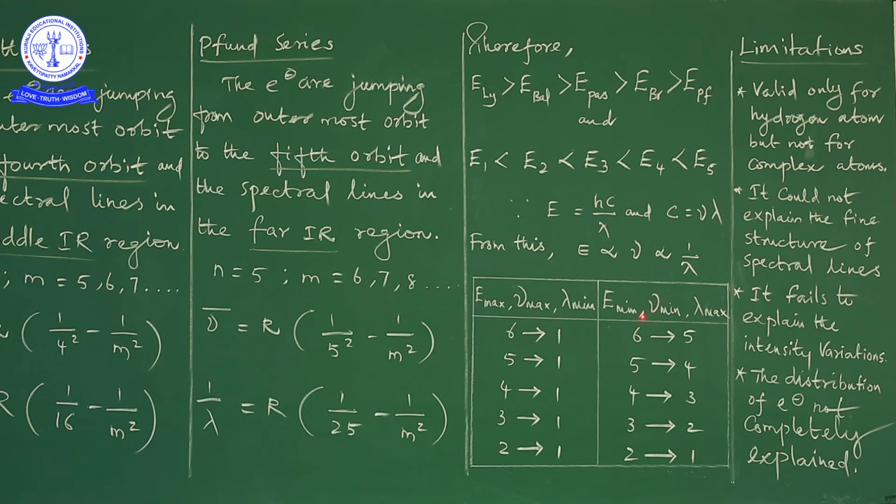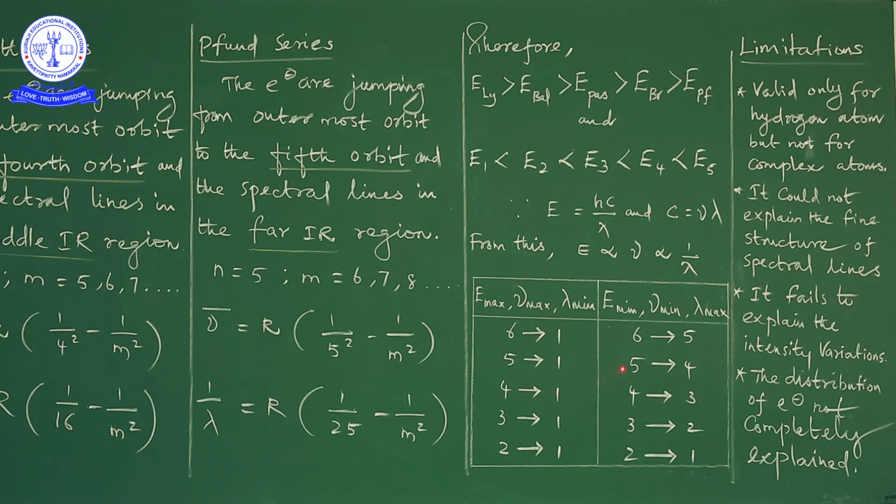See the second column: minimum energy and minimum frequency but maximum wavelength. So we conclude that energy and frequency are directly proportional, energy and wavelength are inversely proportional, and frequency and wavelength are also inversely proportional. See here the numbers are present.